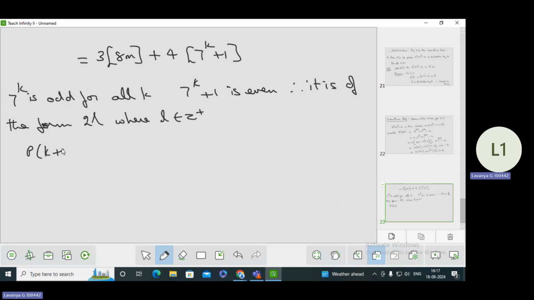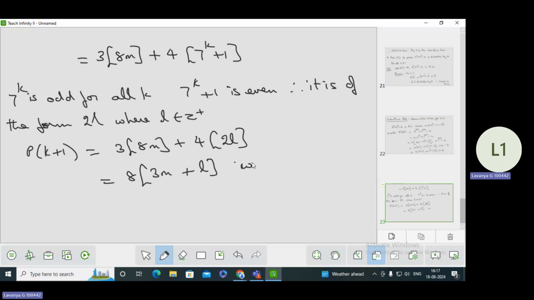Hence, my P of k plus 1 would be 3 into 8m plus 4 into 2l. So this is 8 into 3m plus 4 into 2, which is 8 into l, which is divisible by 8.